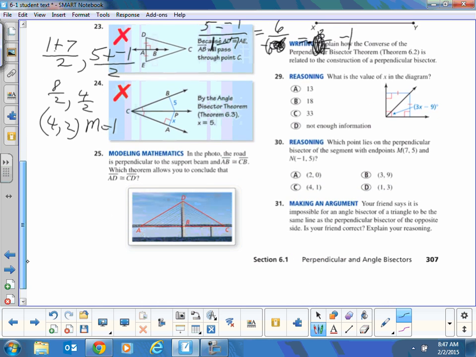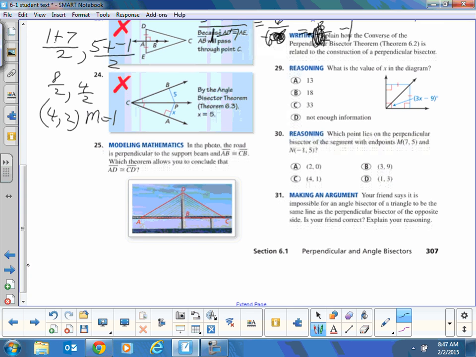Instead of using point-slope on this one, I'm going to use y equals mx plus b, because you can do either way. 2 equals 1 times 4 plus b, so 2 equals 4 plus b.